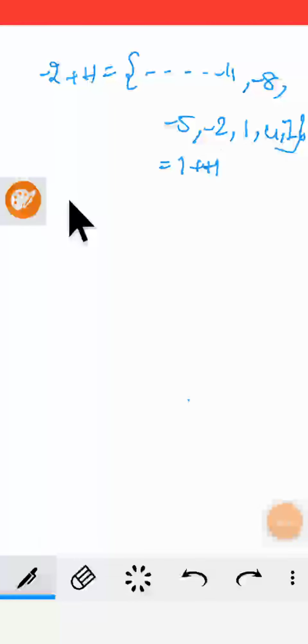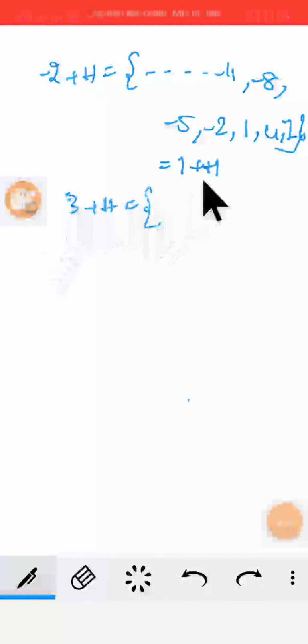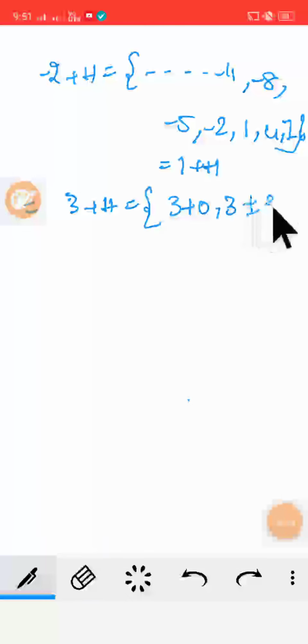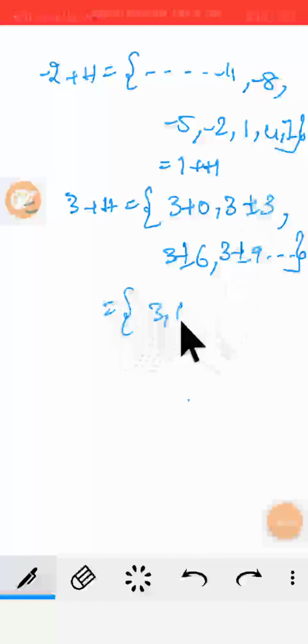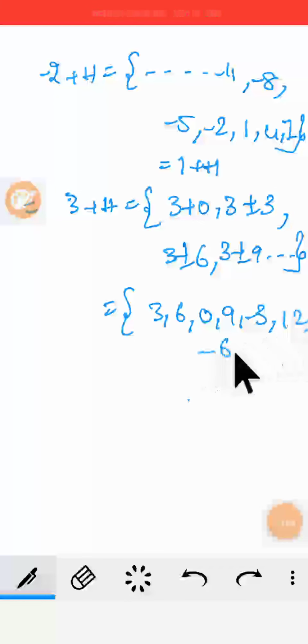3 plus H equal to 3 plus 0, 3 plus or minus 3, 3 plus or minus 6, 3 plus or minus 9, equal to 3, 6, 0, 9, minus 3, 12, minus 6.